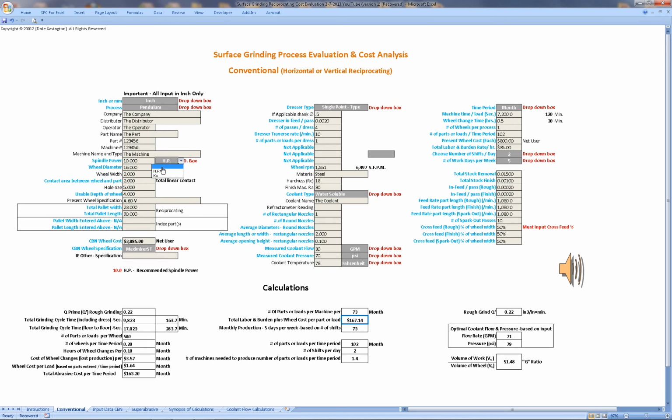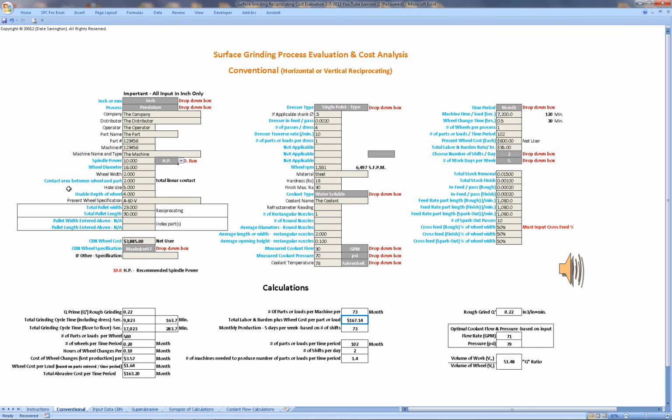For example, if we had none, even though we input 10, there would be nothing. And this could be critical because nobody entered whether it be horsepower, which in this case is 10, or kilowatt, which would calculate the 7.5 kilowatts recommended.